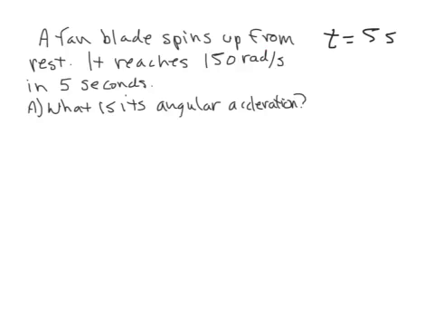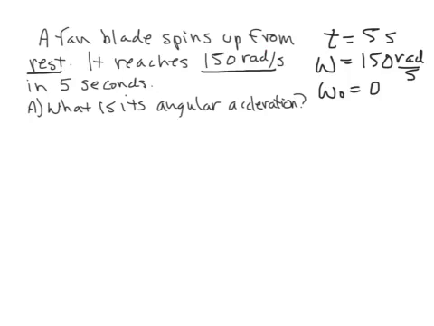And next we can say this 150 radians per second, that's our final angular velocity. You can tell it's angular velocity because it's radians per second. And so that says omega is equal to 150 radians per second. And finally, we know that since it's spun up from rest, omega naught was equal to 0.